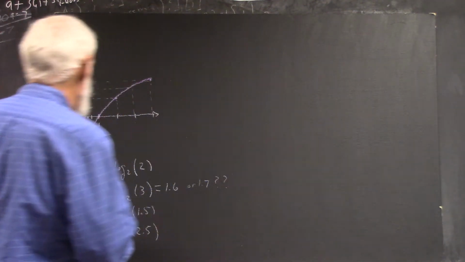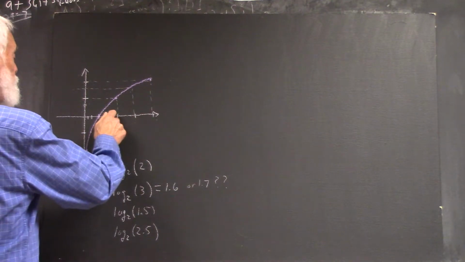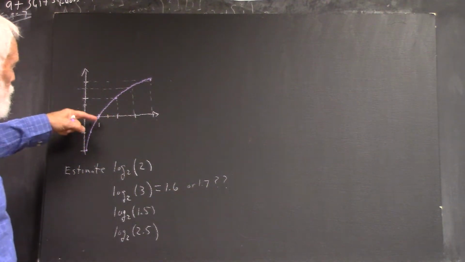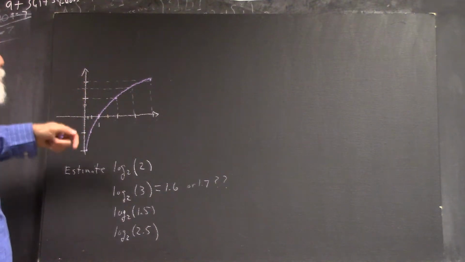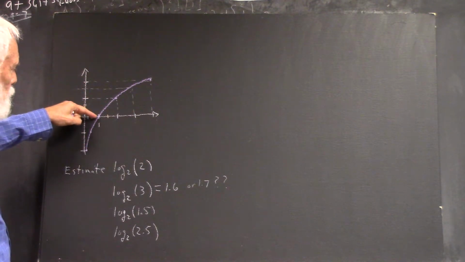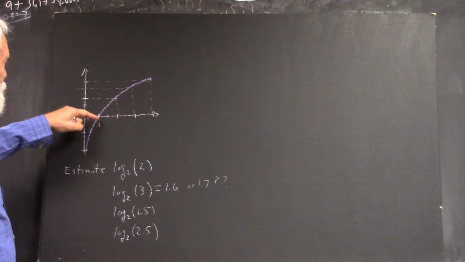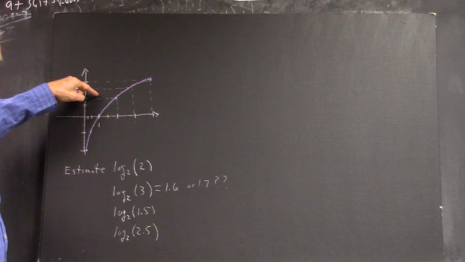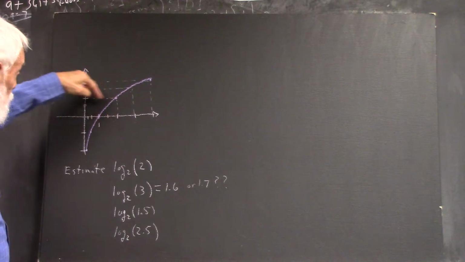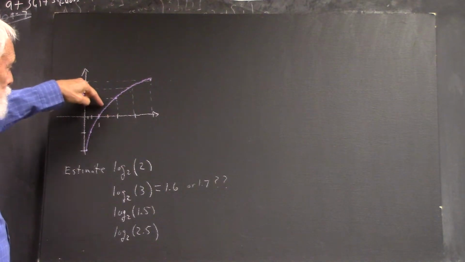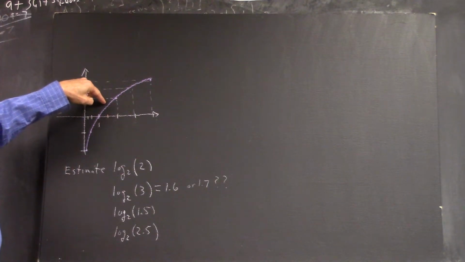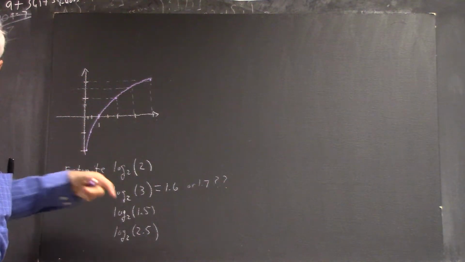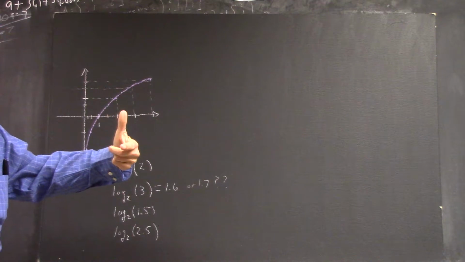Okay? Now you use a similar strategy for the log base 2 of 1.5. 1.5 is here. So your y-coordinate is going to be half. You compare your y-coordinate with halfway between 0 and 1, right? The y-coordinate here is 0, the y-coordinate here is 1. So you're going to think it's not too far from a half, because this thing isn't too far from a straight line, but it's going to be a little more than a half, right?